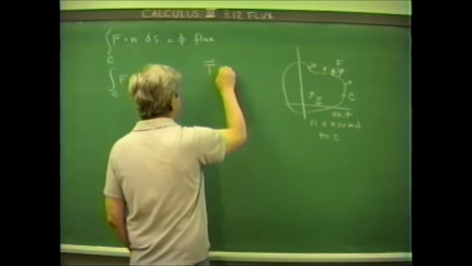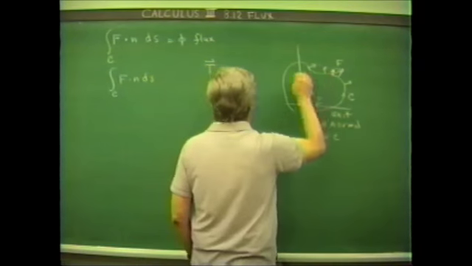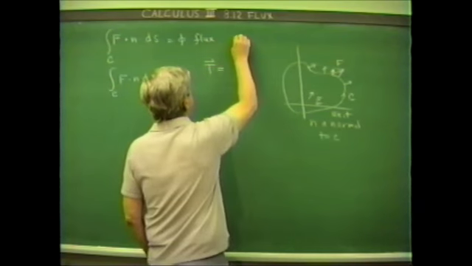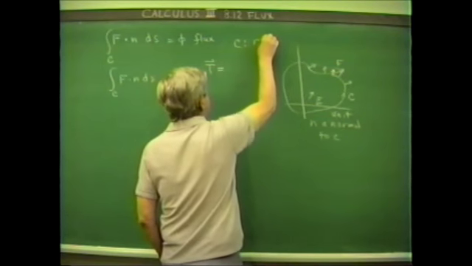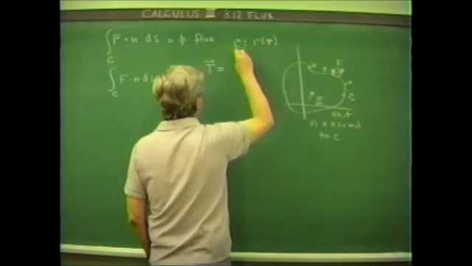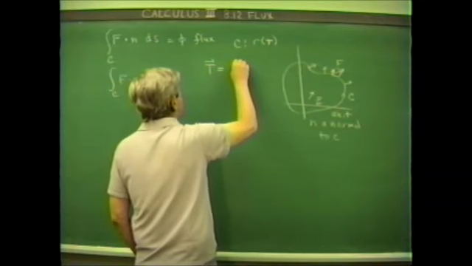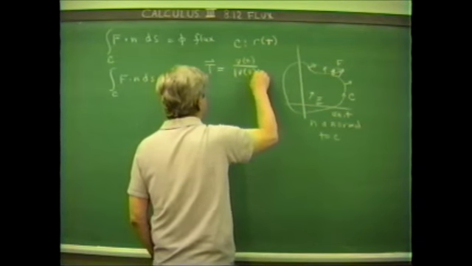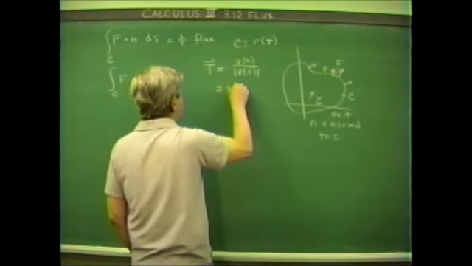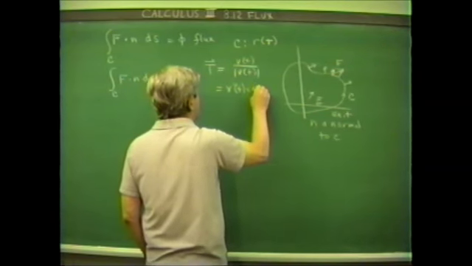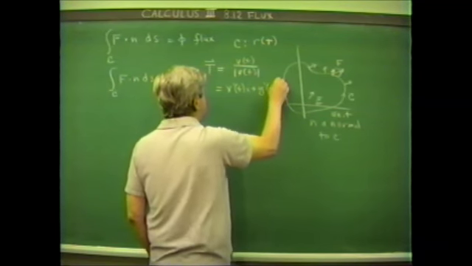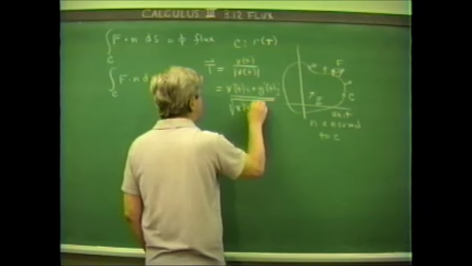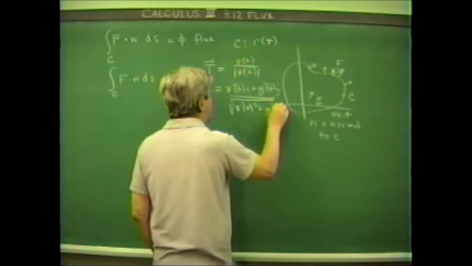A unit tangent vector to the curve, if C is given by r of t, is given by v of t divided by the magnitude of v of t. That's to say, it's x prime of t i plus y prime of t j divided by the square root of x prime of t squared plus y prime of t squared.